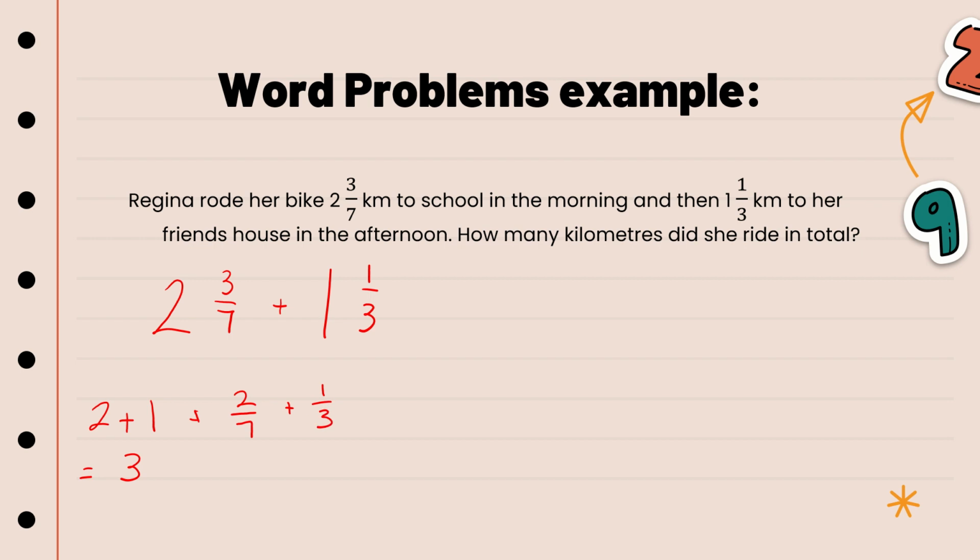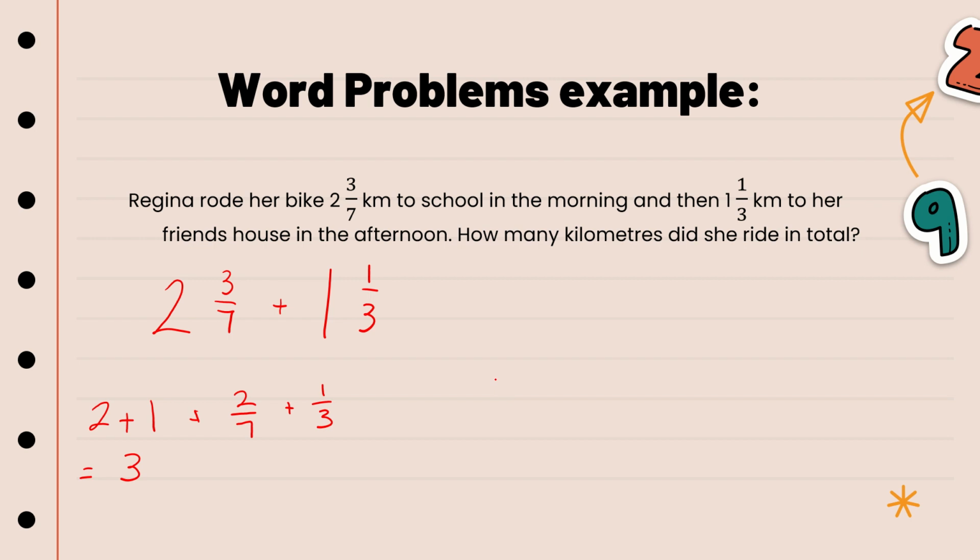Now my fractions have different denominators, and I know that they need to have the same denominator if I'm going to add them together. So I know that 7 and 3 don't share any common factors, so I am going to cross multiply and find the same denominator.